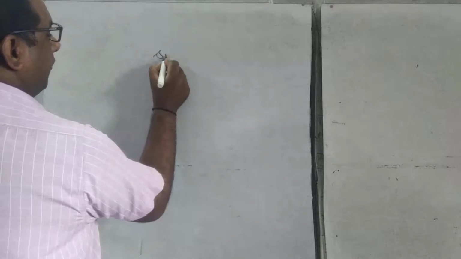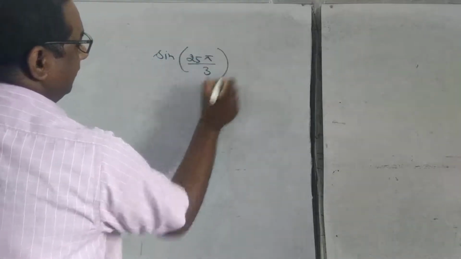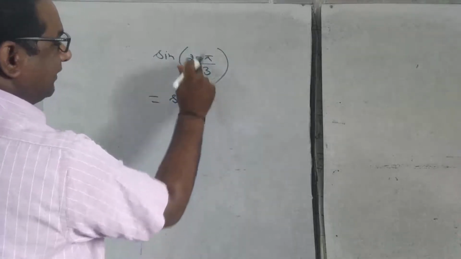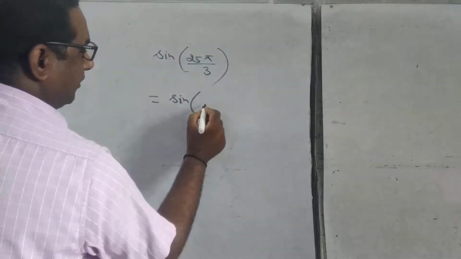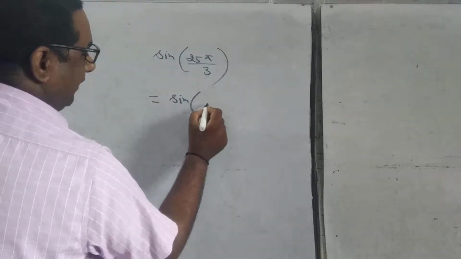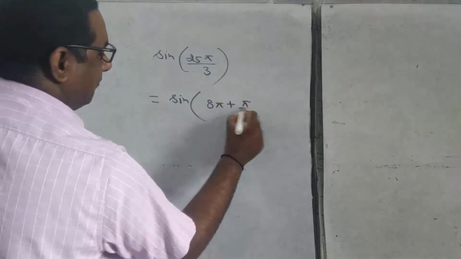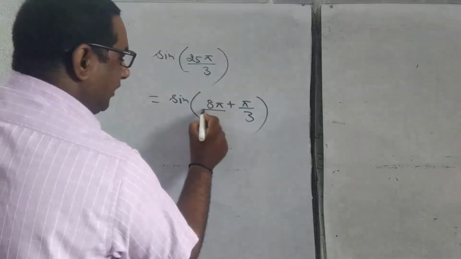Let us take another example. Find the value of sine 25 pi by 3. This can be written as 8 pi plus pi by 3. We can see this is a multiple of 2 pi.